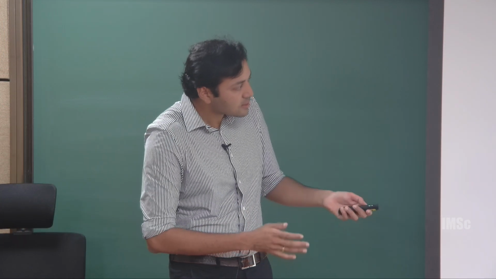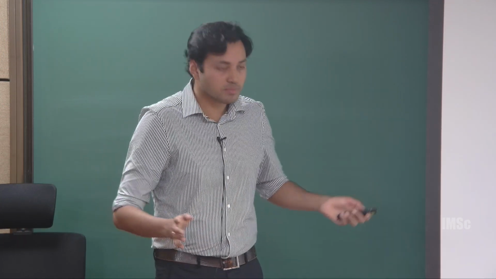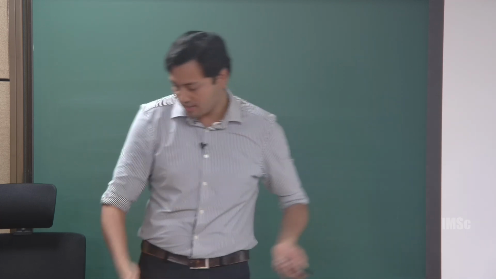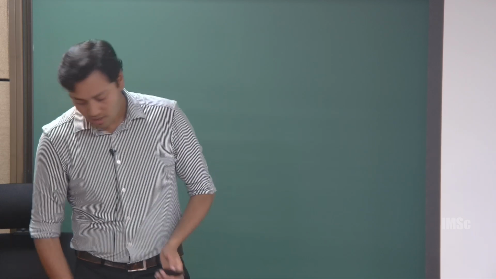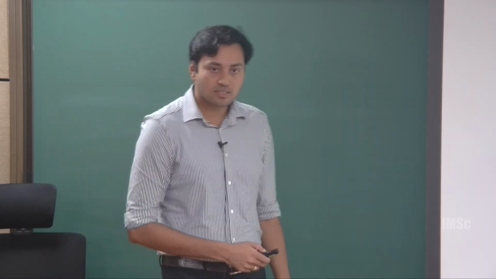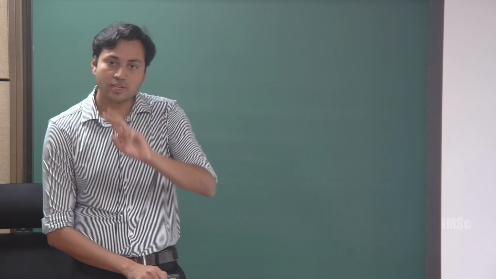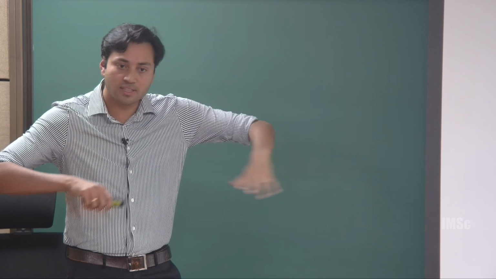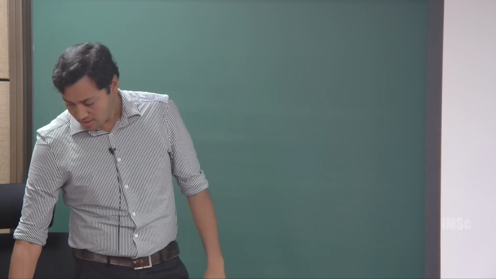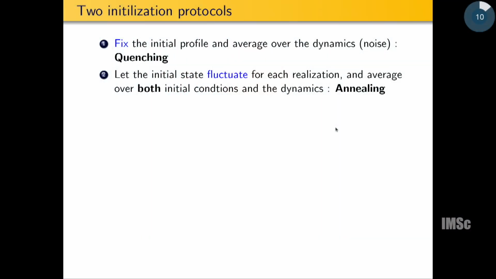So what is interesting in these classes of problems? These are seemingly very different problems, but there is a big universality hiding in this class of problems. When it comes to initial conditions, again I repeat, in both these classes of problems there are two sources of randomness. One is how you initialize the system, and the other comes from the dynamics. When it comes to initialization of these systems, there are two ways that people have looked at it.